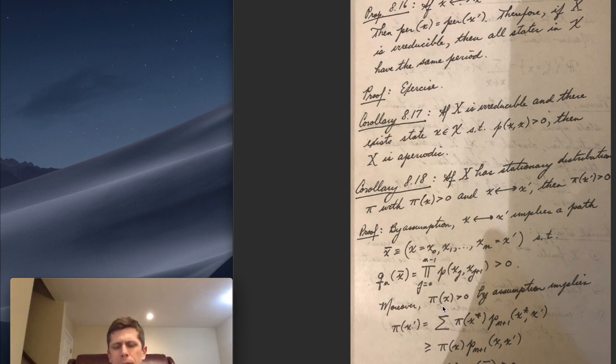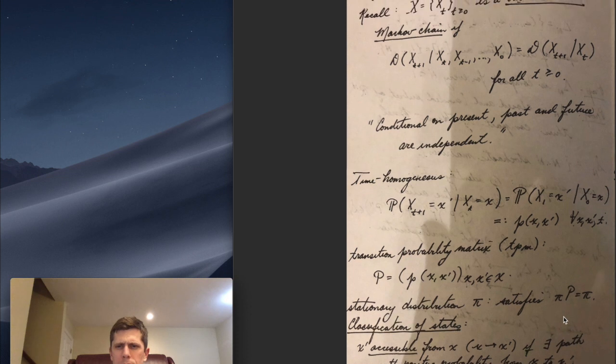And we've assumed that π of x is positive. By the definition of stationarity, this is what it means to be a stationary distribution, exactly what we saw up here.